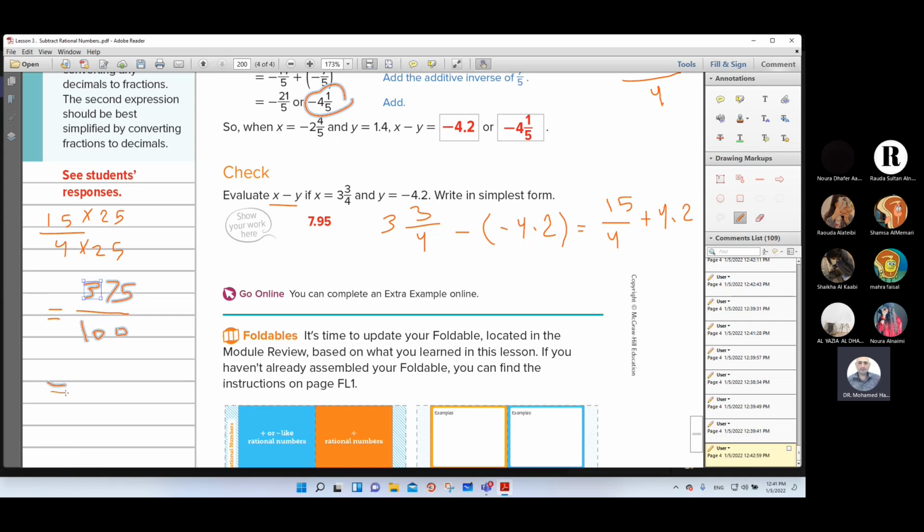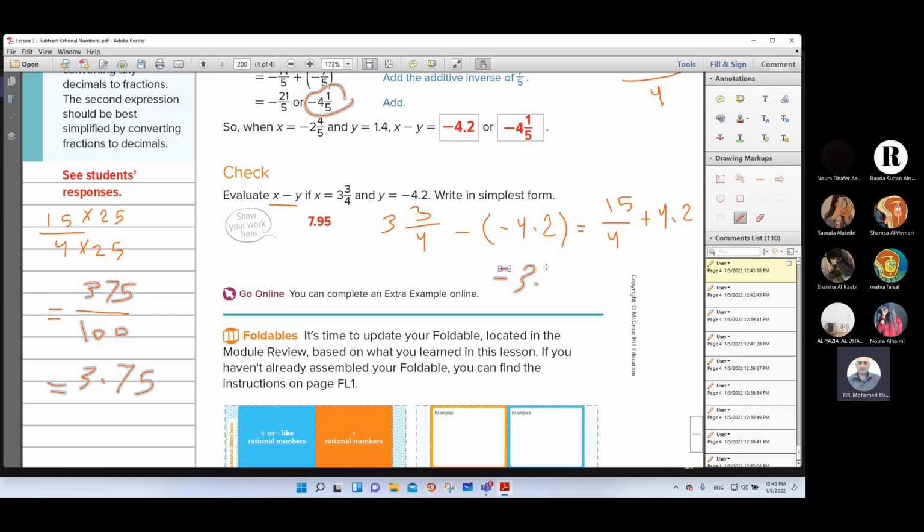Then you can change it to the decimal, which will be 3.75. So you can write 15 over 4 equals 3.75 plus 4.2.